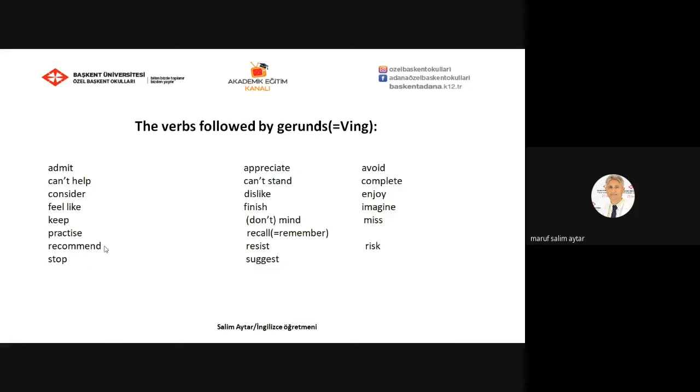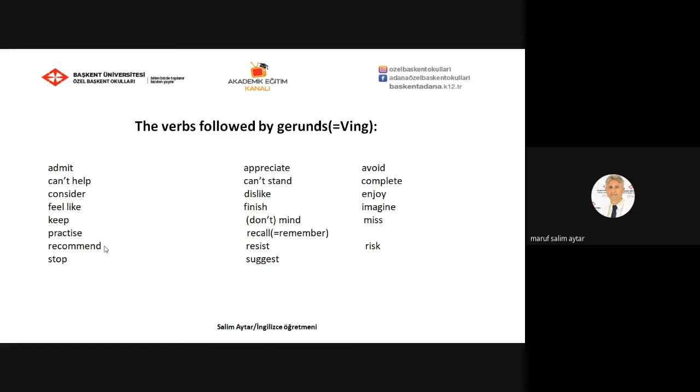Now, people, there is another point we need to cover right now. As you know, in English, two verbs cannot just simply come after each other. There are certain rules for two verbs following each other.